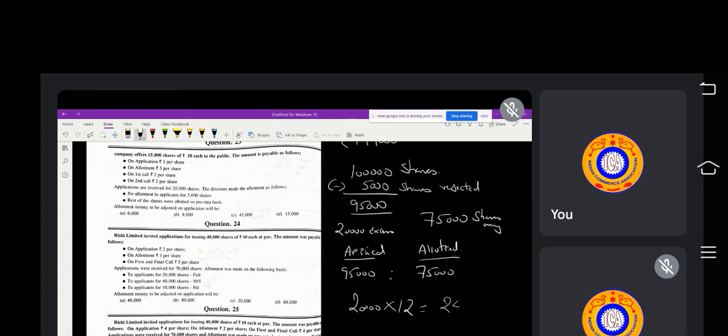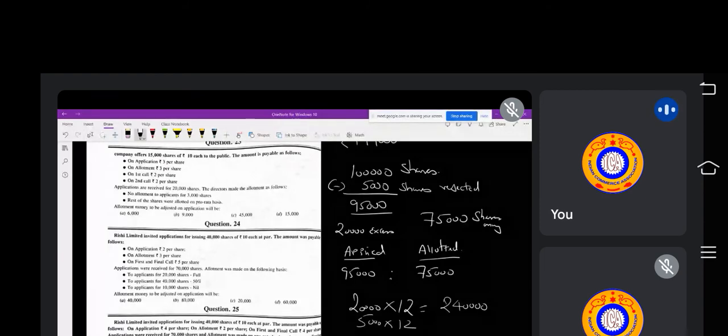Similarly, these 5,000 shares are also getting rejected, so for that you'd have received 12 rupees per share, which gives you 60,000. So adding these two will give you 3 lakh. This is to be refunded. So you have to refund 3 lakhs.